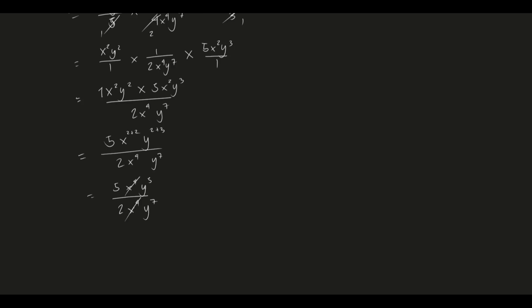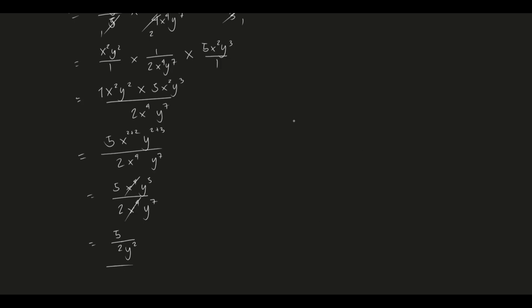And on the numerator, we have y raised to the 5, and on our denominator, we have y raised to the 7. So 7 minus 5 is equal to 2. But since our denominator has the higher exponent than our numerator, the y raised to the 2 remains on the denominator. So let's just copy the 5 over 2. Then on our denominator, we have y raised to the 2.